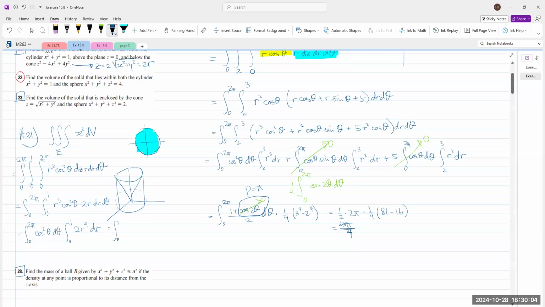I just work it out: the integral from 0 to 2 pi of (1 plus cosine 2 theta) over 2 d theta. And the second factor will be just 2/5. So this will be 1/2 times 2 pi times 2/5. That's 2 pi over 5. Why? Because the cosine 2 theta part will give you 0. Dang, that's really fast, huh? Okay, that's for number 21.